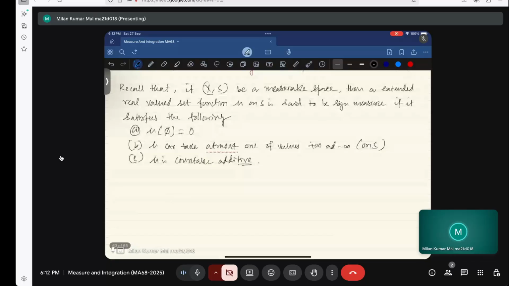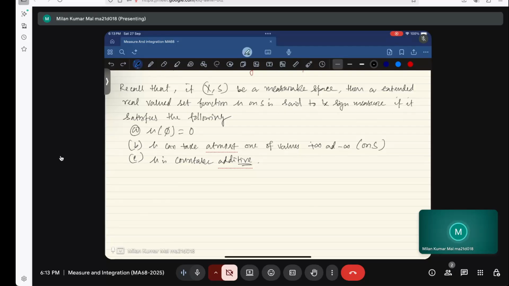If an extended real valued function defined on the set of sets S satisfies these three conditions, then we say that it is a signed measure. You can look at the usual measure. Two conditions are already there: countable additivity, and that on the empty set it is zero. Only this condition is extra, that it can take plus infinity or minus infinity.